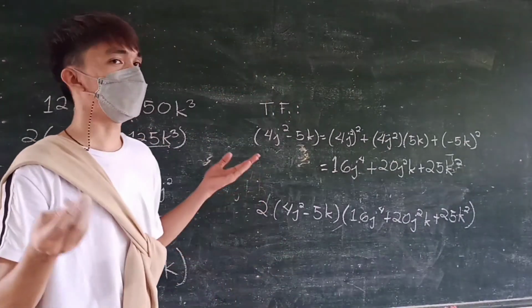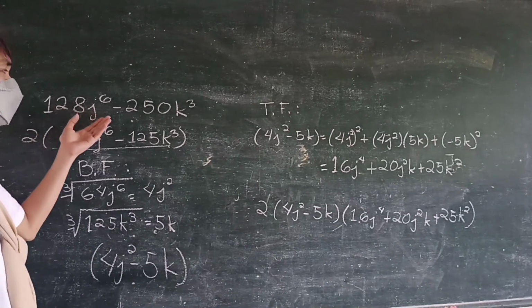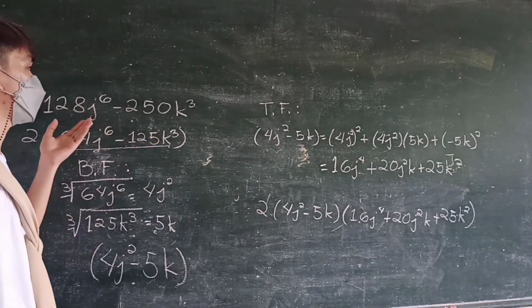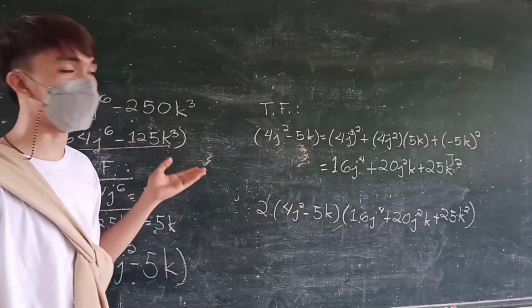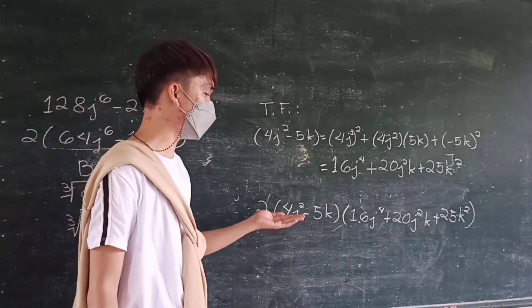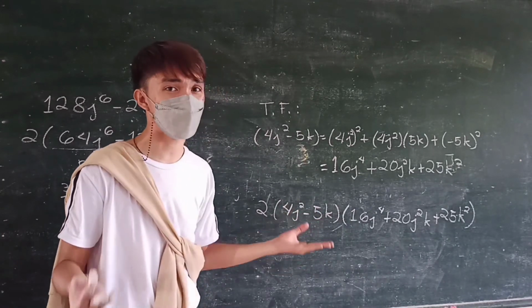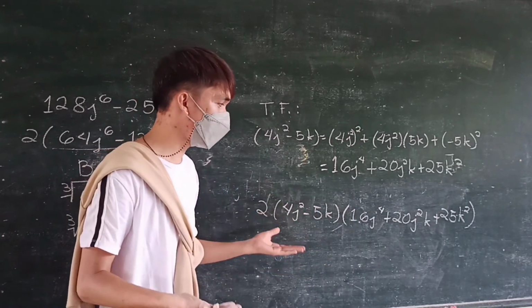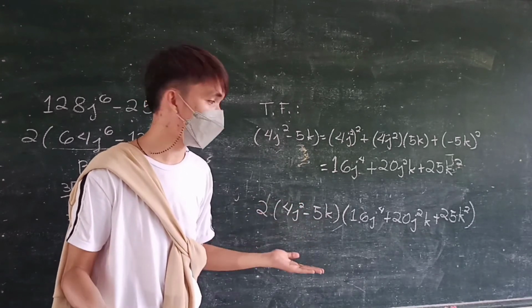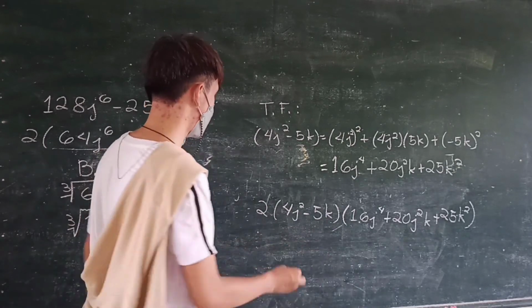So, the factored form of 128j to the power of 6 minus 250k to the power of 3 is 2 times the quantity of 4j squared minus 5k times the quantity of 16j to the power of 4 plus 20j squared k plus 25k squared.